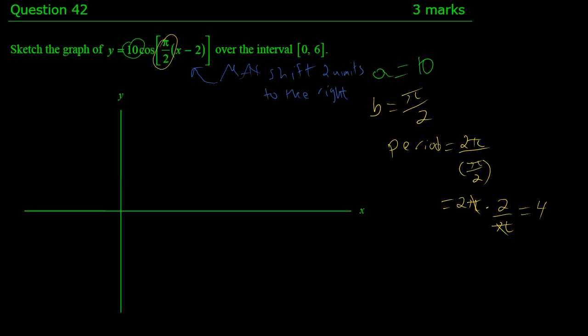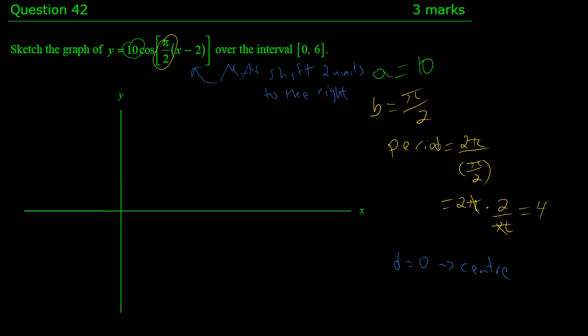So now there's also a d value, right? 10 is a, b helps us determine a period, c is your translation. There is a d. If we don't see d, it's 0, and d is the center. So this graph is centered on 0. So d equals 0, and that just means the center.